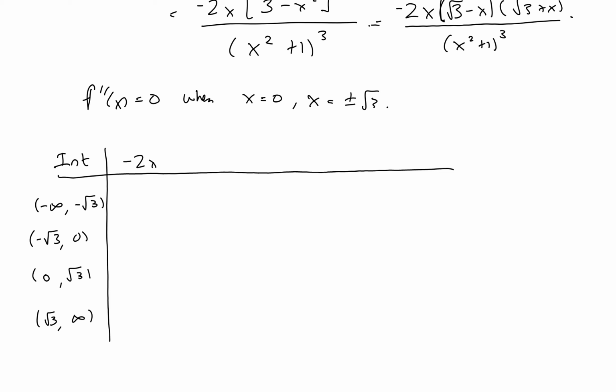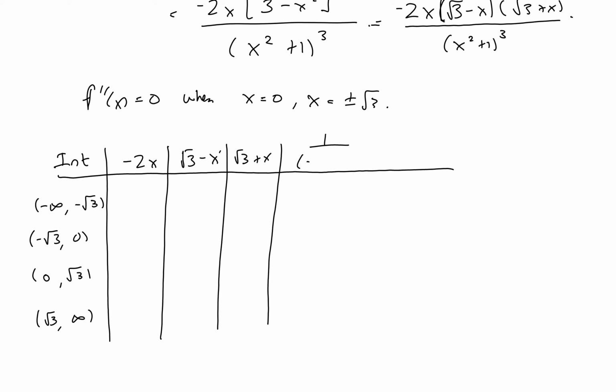And then I'll put my minus 2x, square root of 3 minus x, square root of 3 plus x, 1 over x squared plus 1 cubed, and then f double prime, and then f.